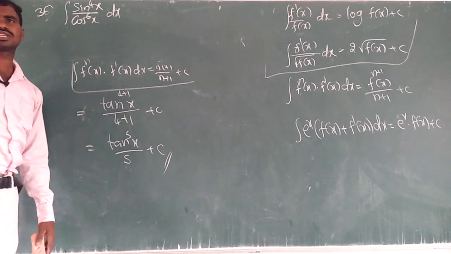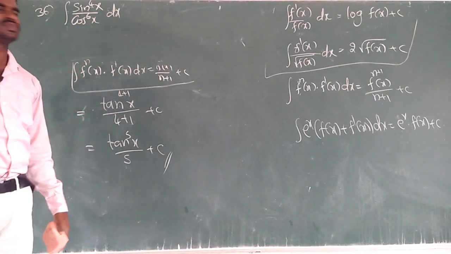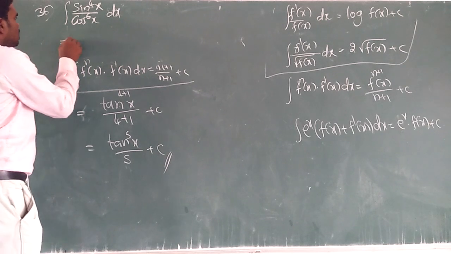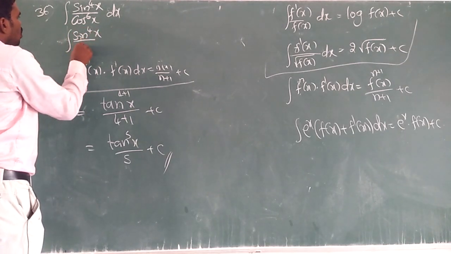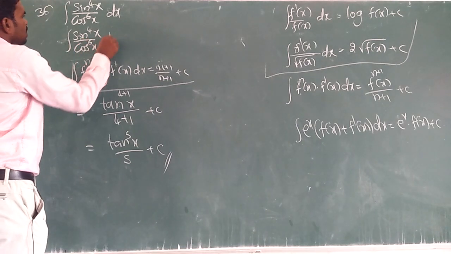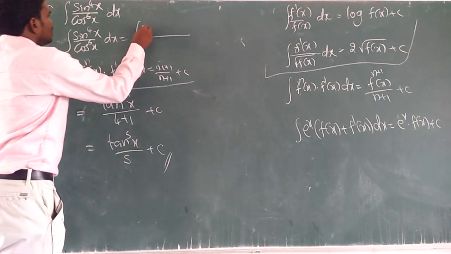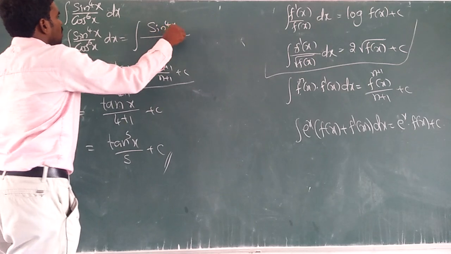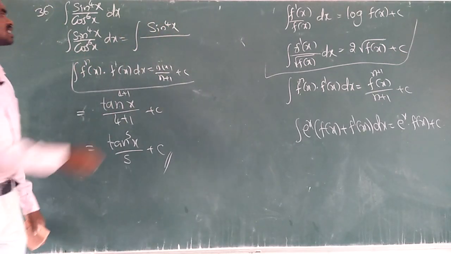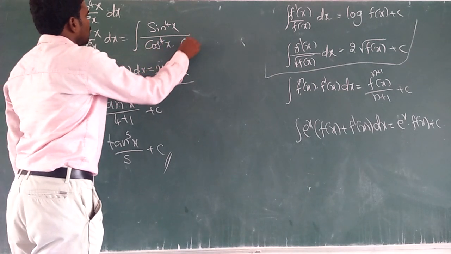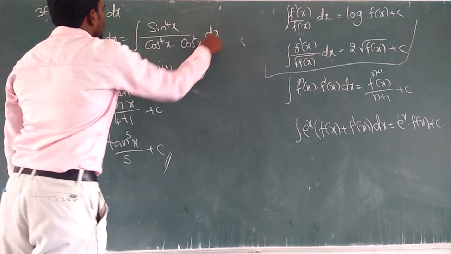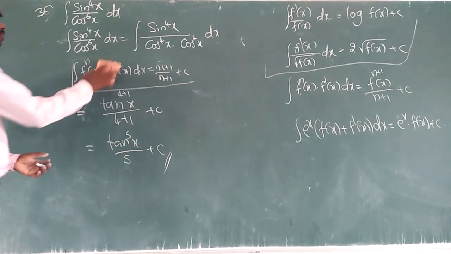Here both terms have powers, so we can simplify. Integration of sin power 4x by cos power 6x can be written as integration of sin power 4x by cos power 4x into cos power 2x. Am I right? I have just split the denominator.